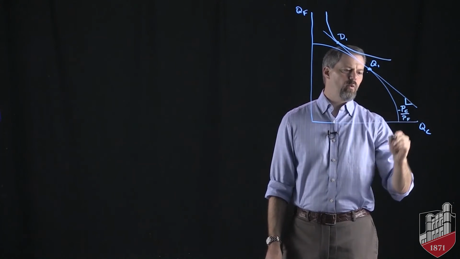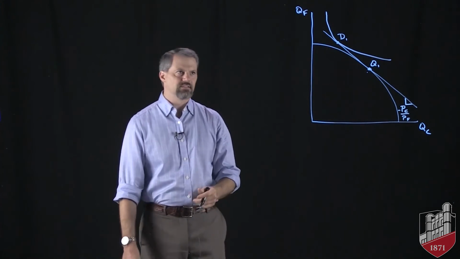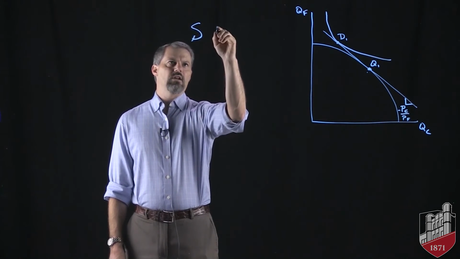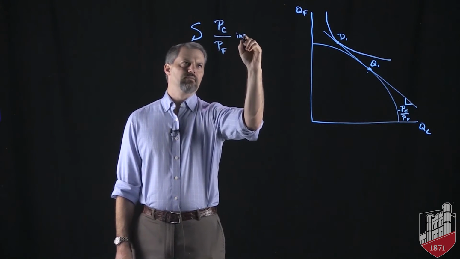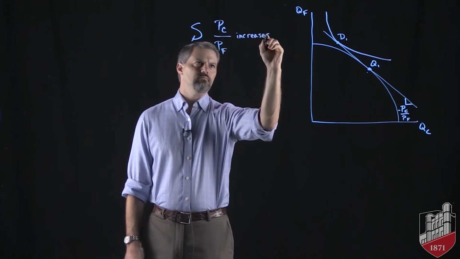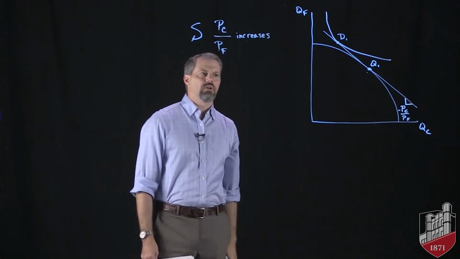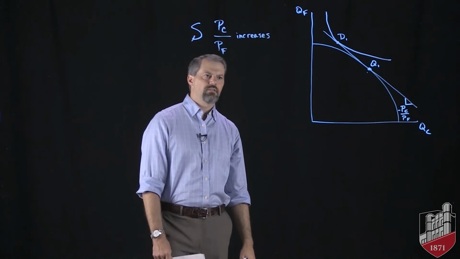We're going to think about what happens if that relative price of cloth increases. Okay, so let's suppose the relative price of cloth increases. So we're going to be starting at Q1, D1 and increasing the relative price of cloth.